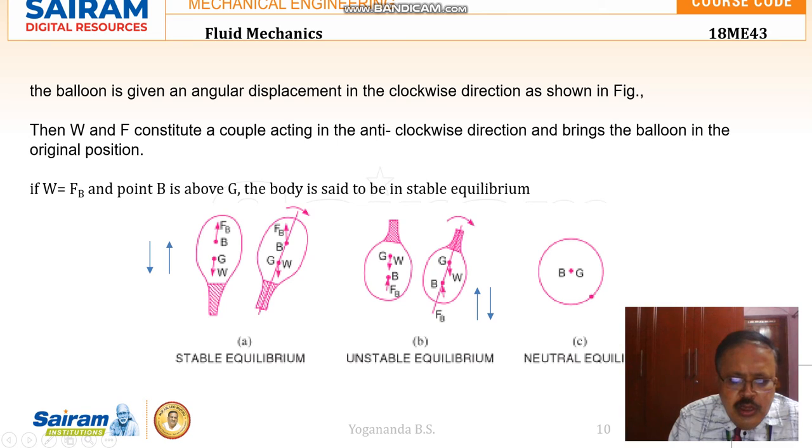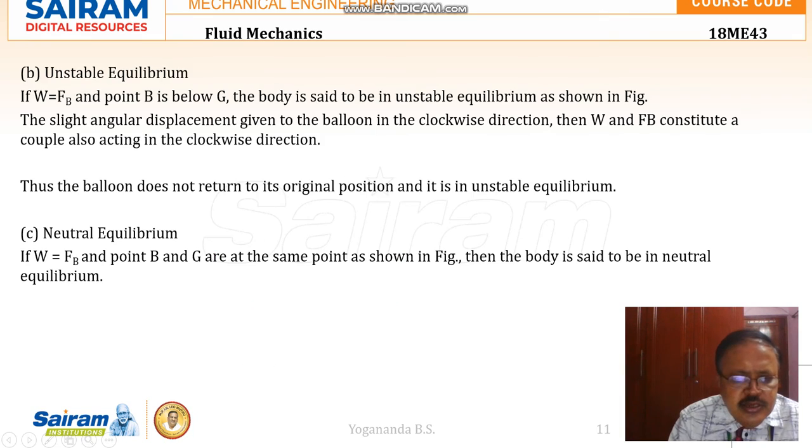Now G has the force W, self weight including the material, going downwards, and the buoyancy force acting upwards. So these two form a clockwise moment. Here the tilt given is also clockwise. This couple of forces is also producing clockwise moment.